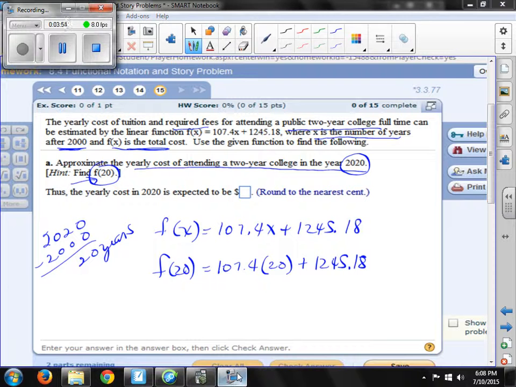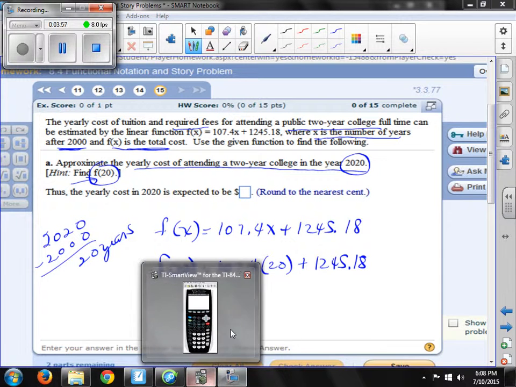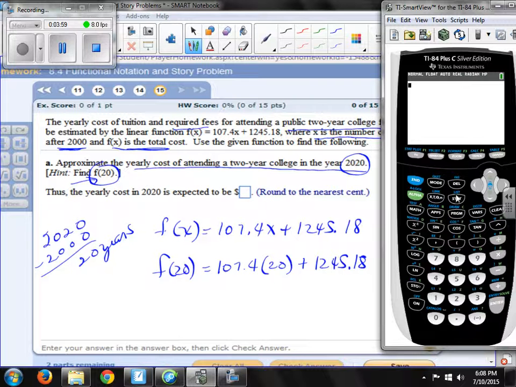And I'm going to bring out my calculator to do this. 107.4 times 20 plus 1245.18. $3,393.18. F of 20 is $3,393.18.